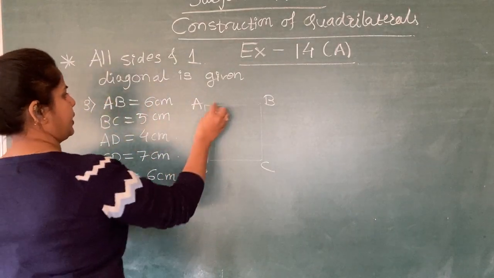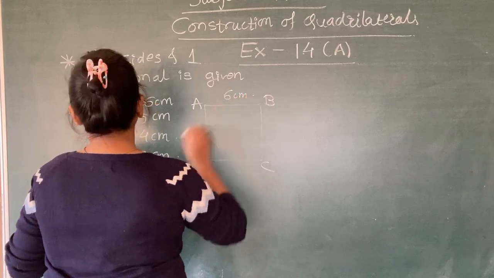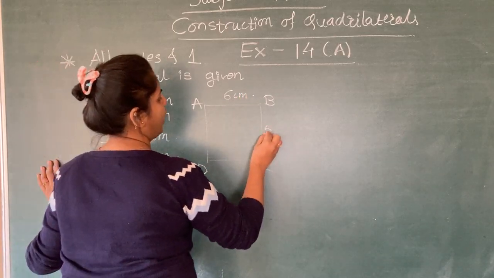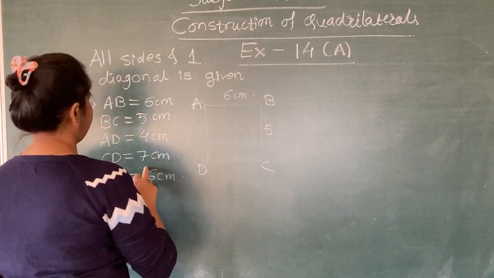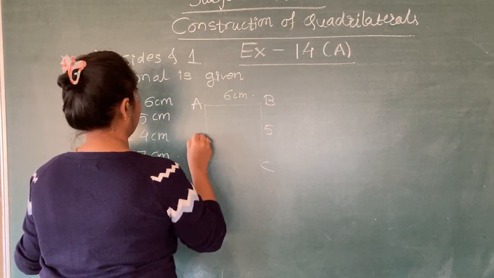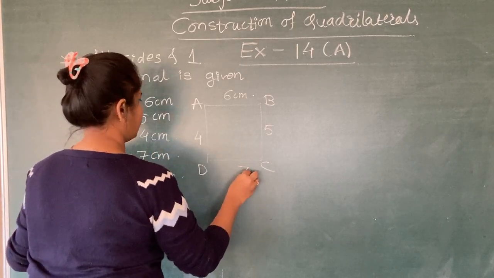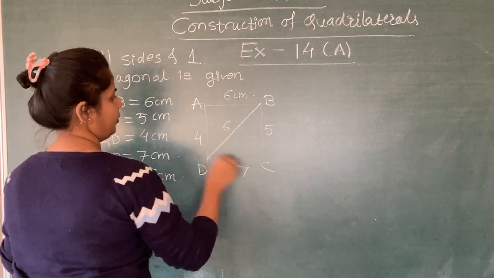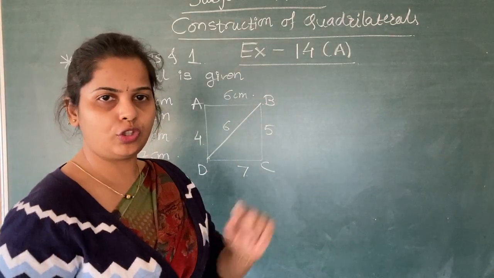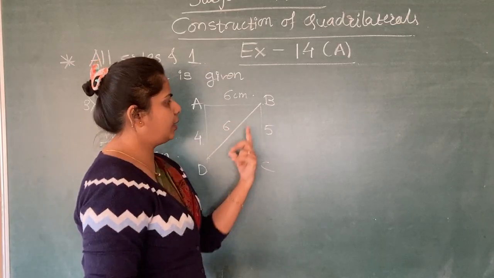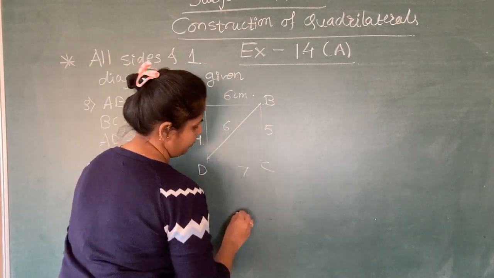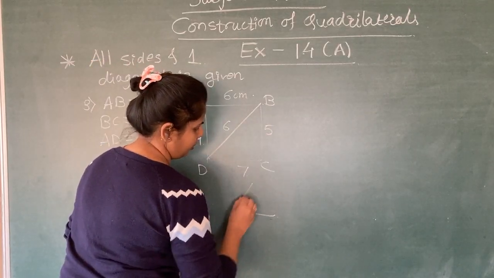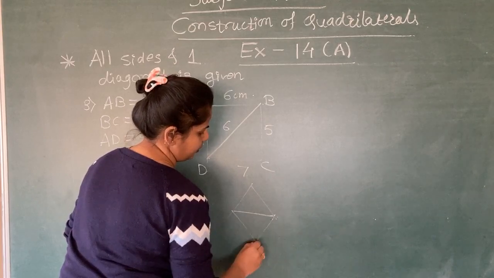AB is equal to 6 centimeter, then BC is equal to 5, AD is equal to 4, CD is equal to 7, and BD is equal to 6. This is how your quadrilateral should look. If you rotate it like this, if this is the diagonal, your quadrilateral will look like this.